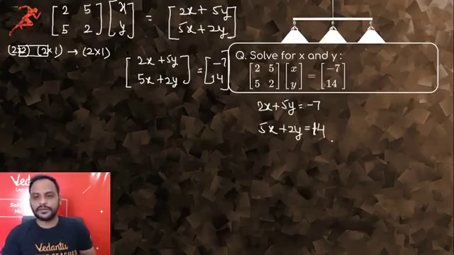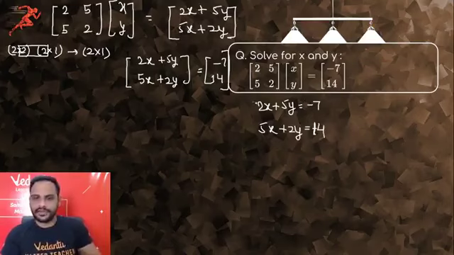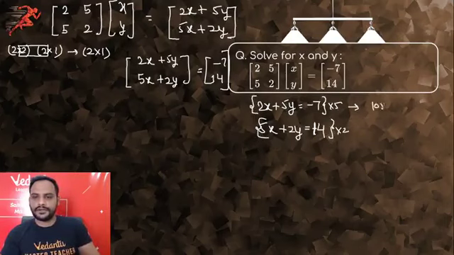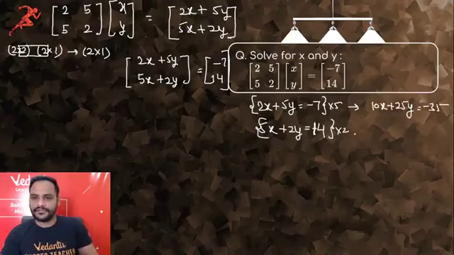This is a linear equation in two variables. I can choose to eliminate x or y. Let us say I want to eliminate x. So multiply here with 5 and here with 2. You will get 10x plus 25y is equal to minus 35, and here 10x plus 4y is equal to 28.